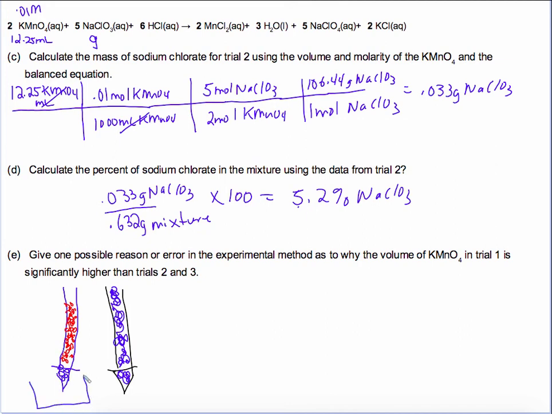So when you start adding this into a beaker, basically you're adding some water before you add any of the potassium permanganate. So maybe the student forgot to do it.